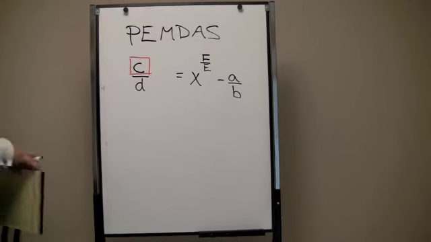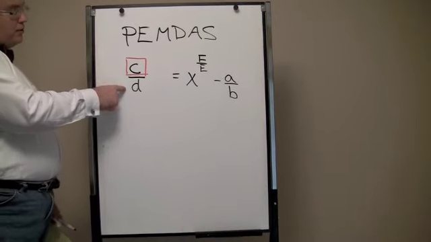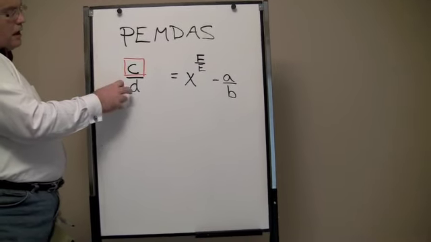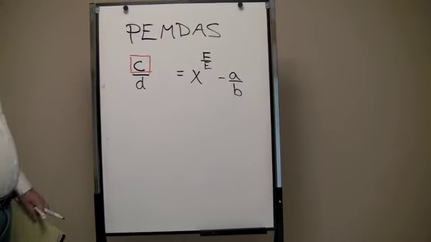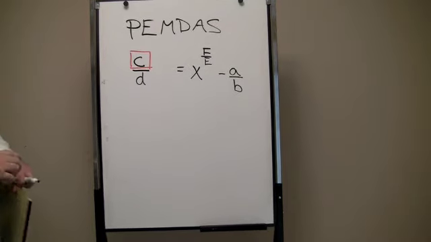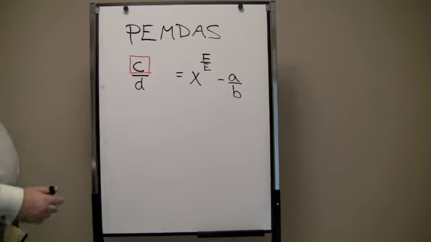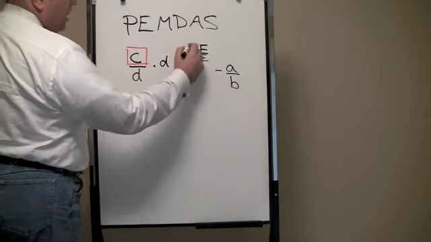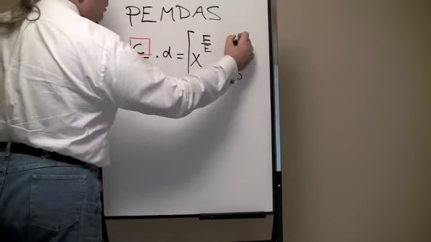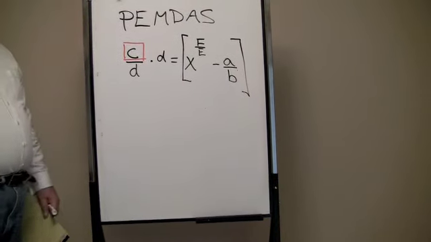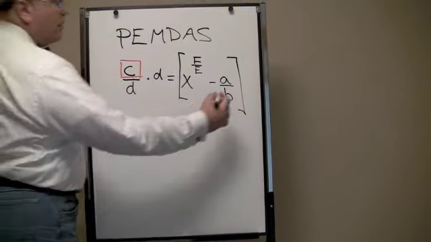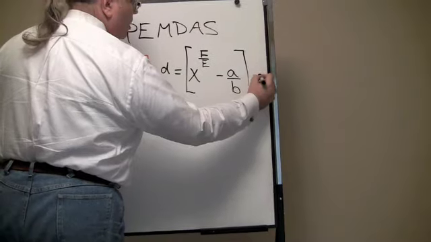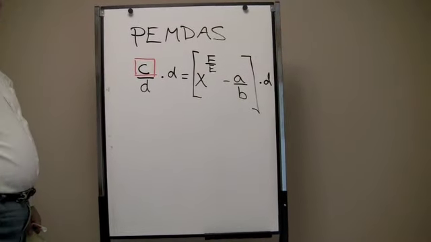Okay, our next step here is going to be to get rid of the d, so we fully isolate the c on one side of the equation. And we're going to do that by multiplying both sides by d. Now we have to be careful to put brackets around our entire right-hand side of the equation before multiplying by d.